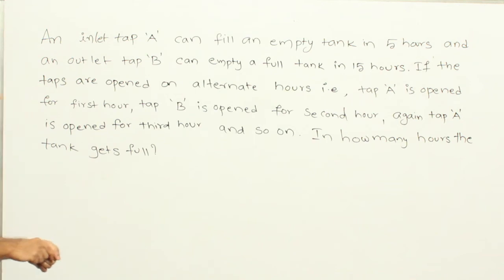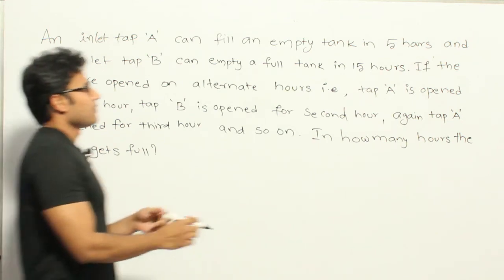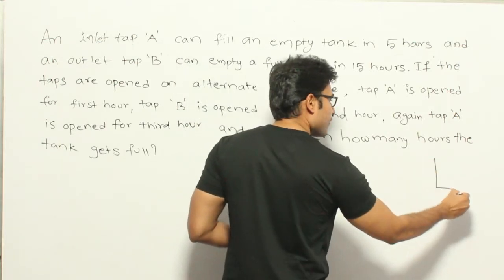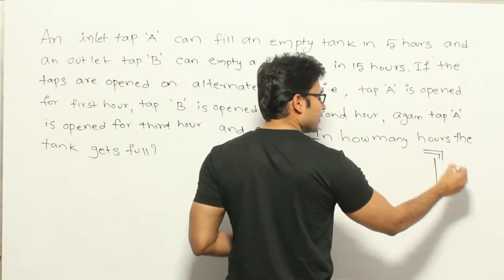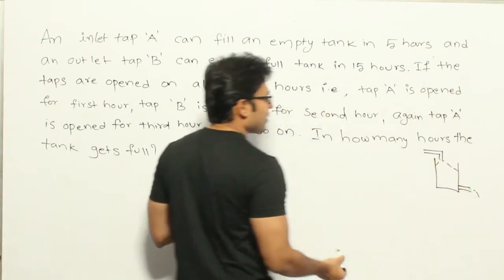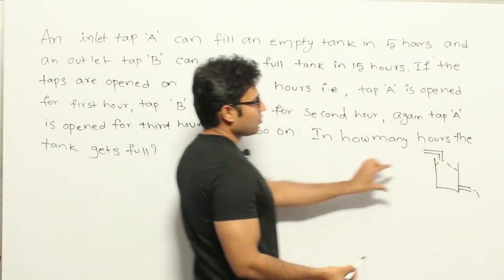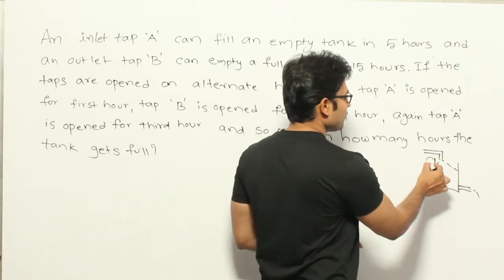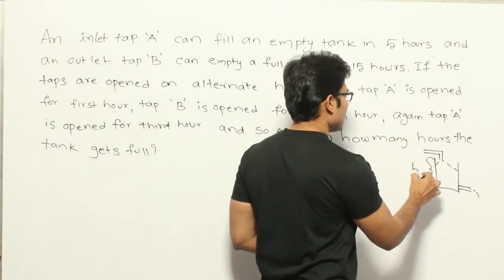So how to solve it is, they are saying that there is a tank which has an inlet as well as an outlet. If you operate only the inlet, it will be able to fill the tank in 5 hours.